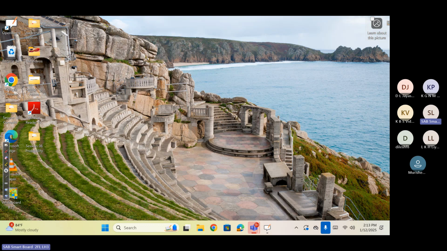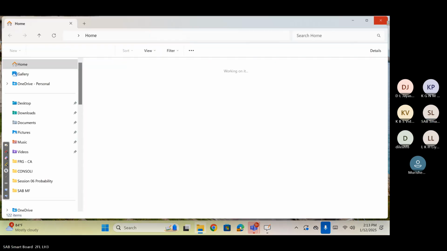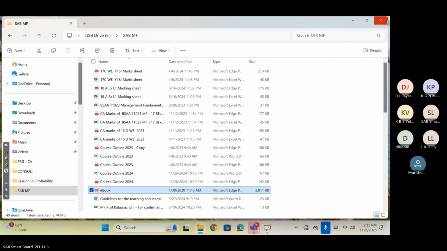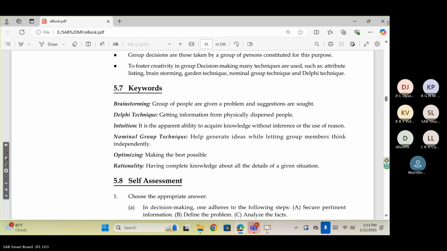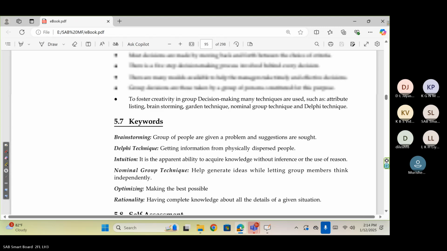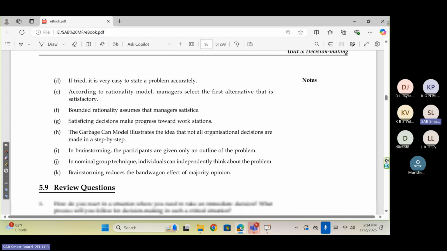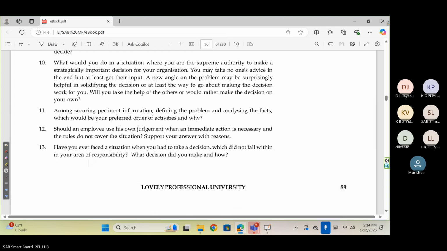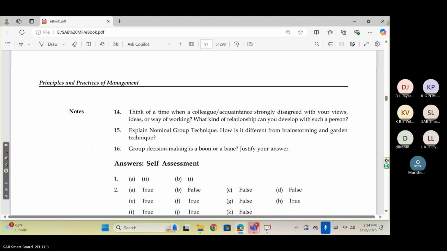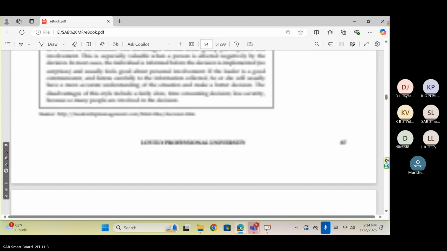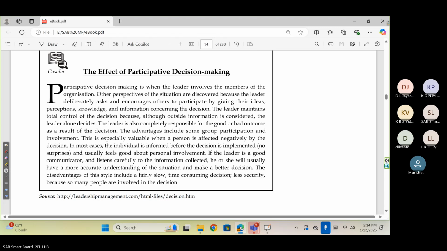Right, we will select a case and do it. This is a small story about participative or team decisions, a small case study.